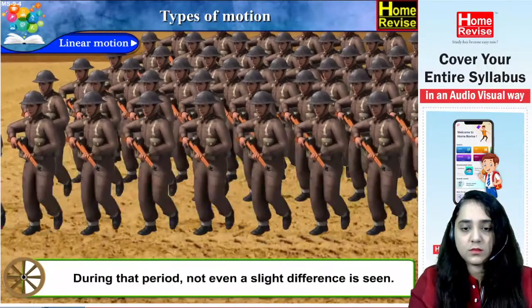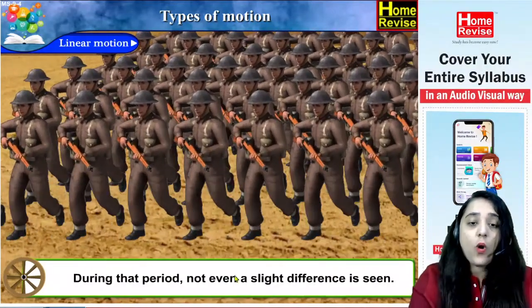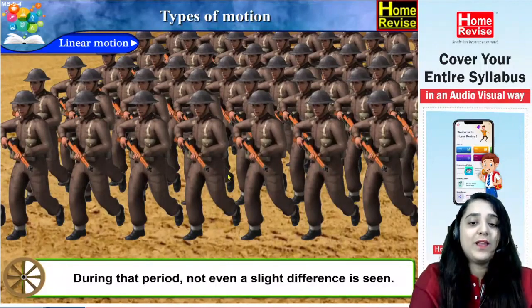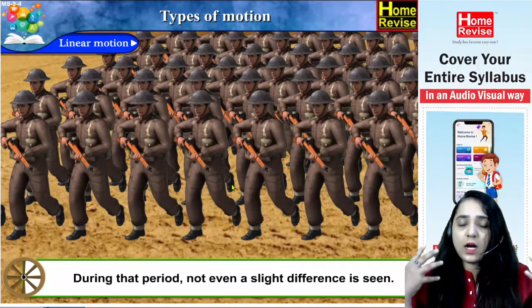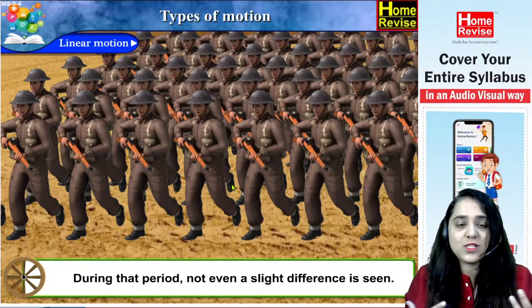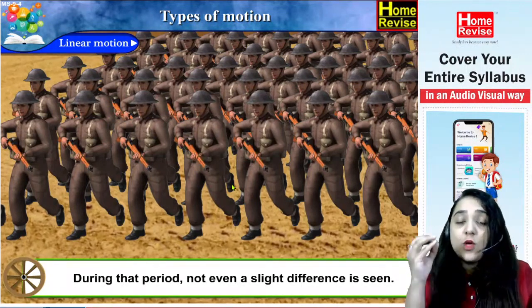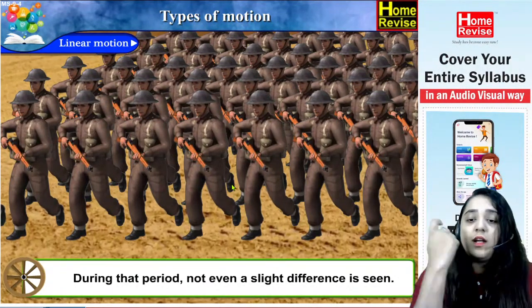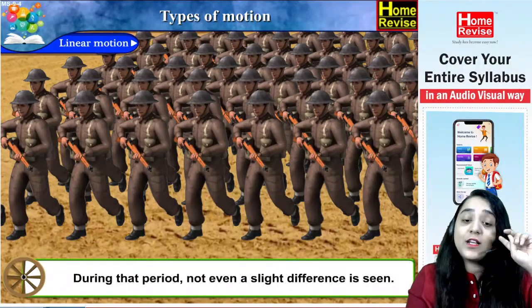During that period, not even a slight difference is seen. Can you all agree with this? When we have a parade of soldiers, they are so accurate in doing all the things taught to them that you can't find a single difference between them. We all agree on this, right? So what can we conclude from this?